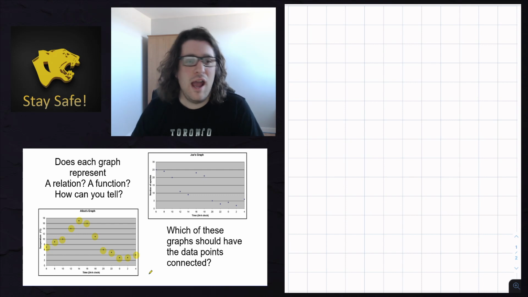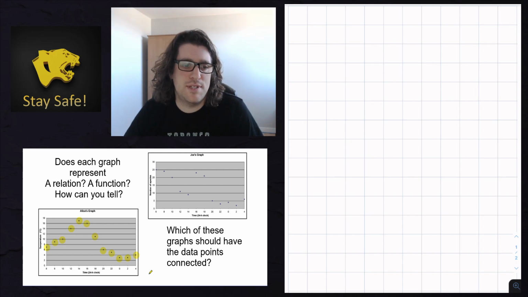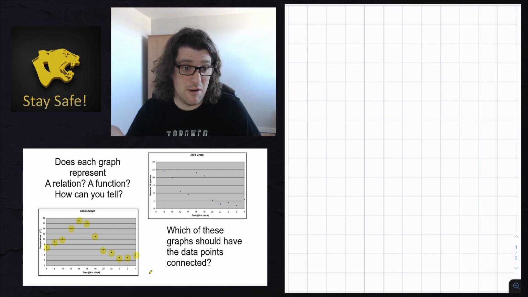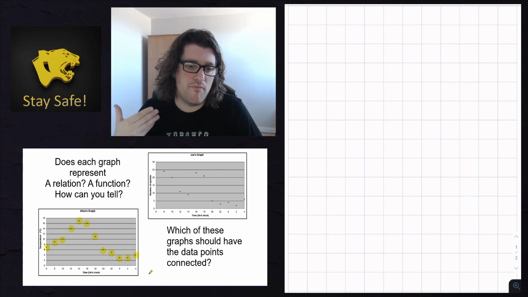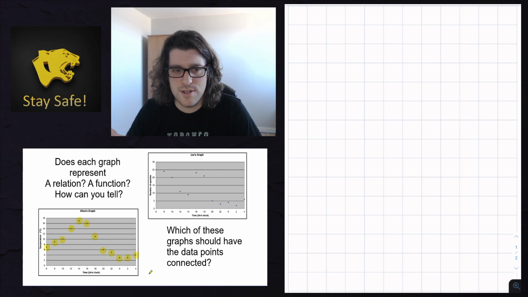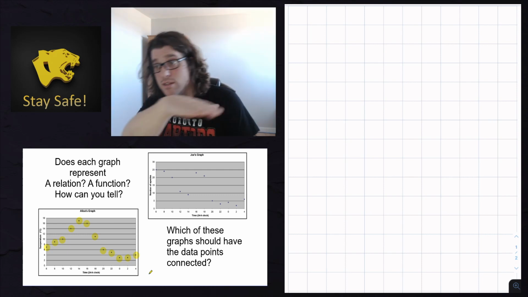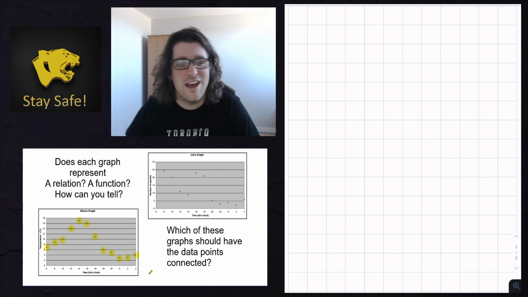So how can we tell whether this particular graph is a function or a relation? We said last time that relations are like any old pairing, so basically any graph is okay. In a graph like this, there are two dimensions, so there are two axes, one that goes like this and one that goes like this.